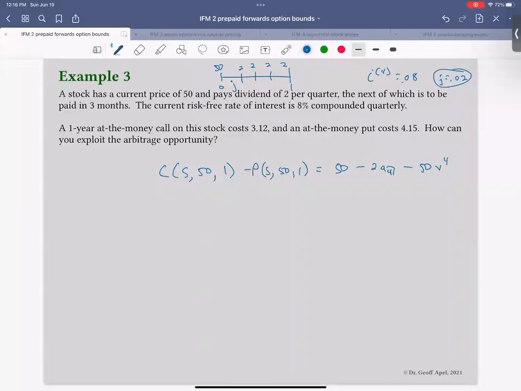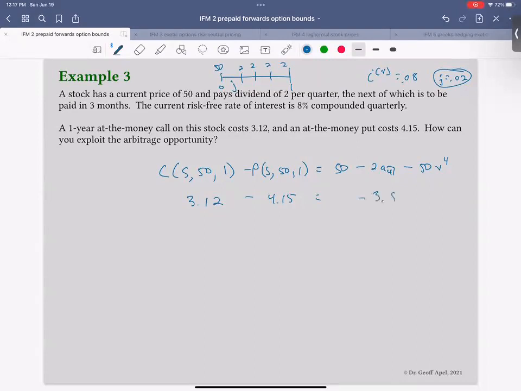Okay, no problem. And all right, I guess I'm not sure what's wrong here. So let me just kind of put in the numbers that I know. And I guess I've got a 312 here, a 415 here. And the right side I can just compute all out. So let me just compute that all out there. So 50 minus 2 times the fraction, 1 minus 1.02 to the negative 4 over 0.02, and then minus 50 over 1.02 to the 4th.